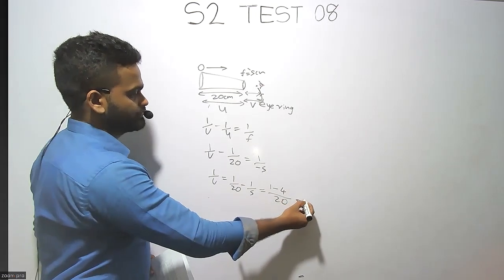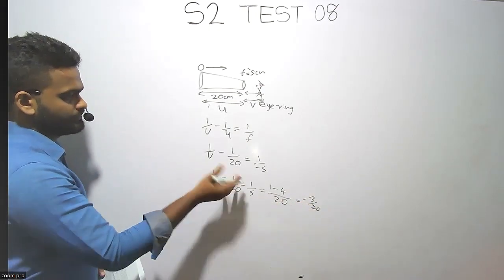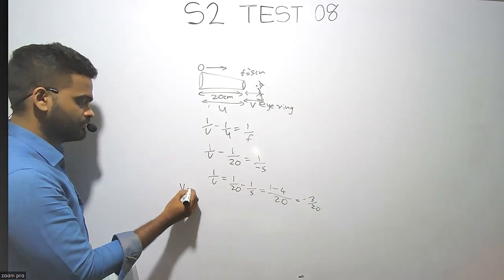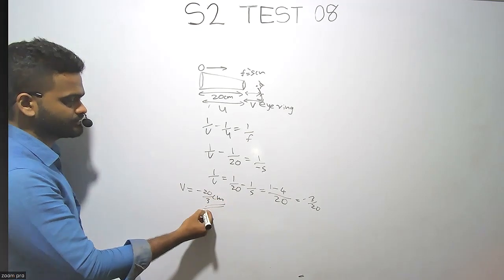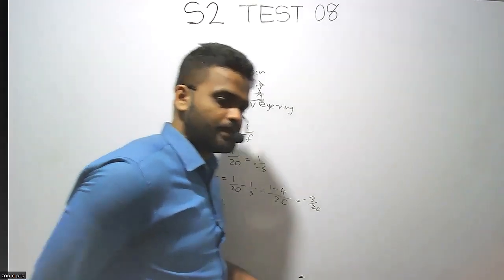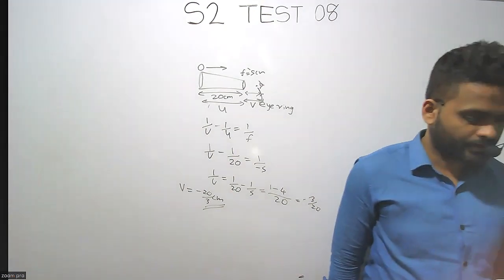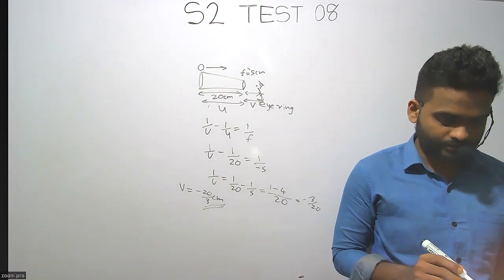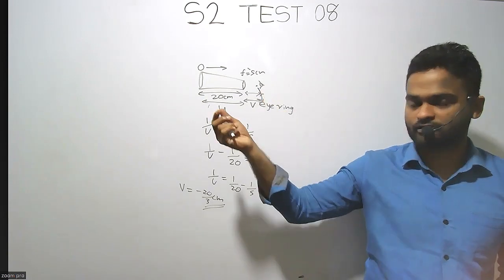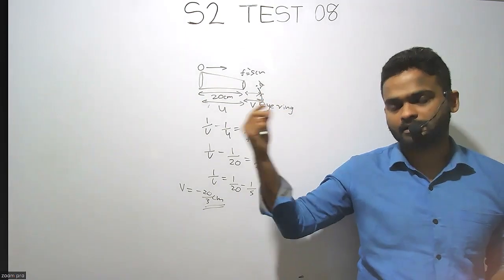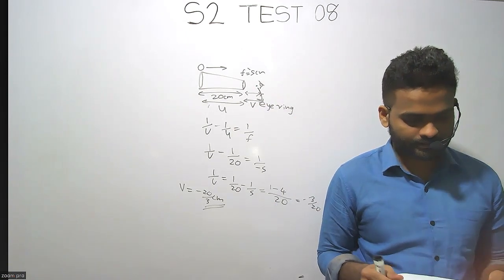So you get minus 3 over 20. Okay. Then flip, v equals minus 20 over 3 centimeters. Okay. So the answer should be the fourth one. So that is where you need to place the eye in order to have the maximum amount of light coming through the telescope. Right.